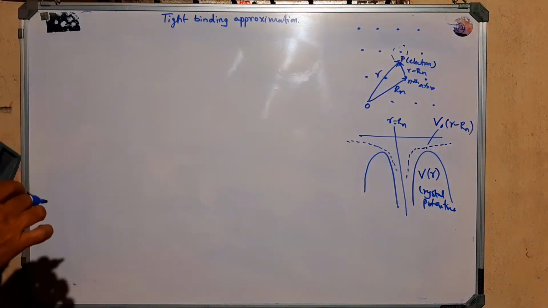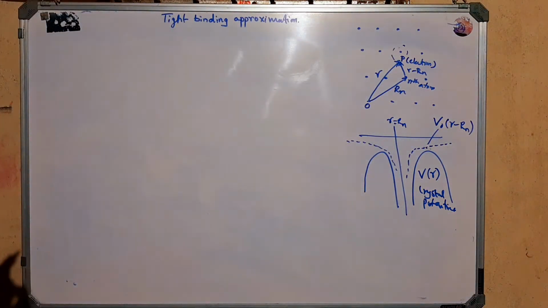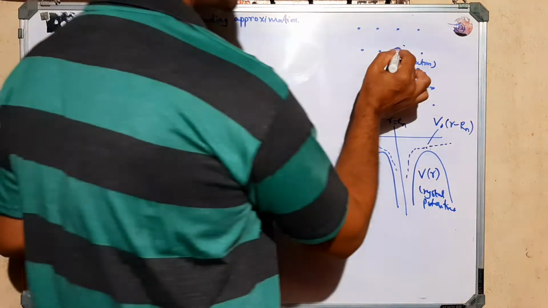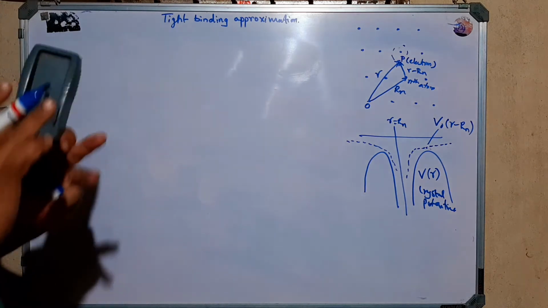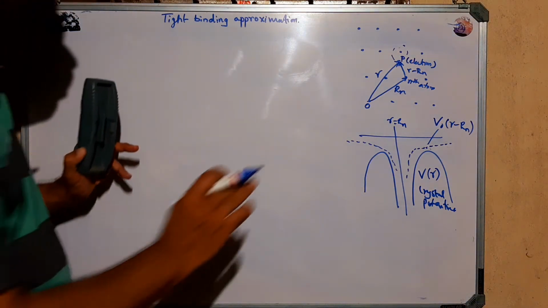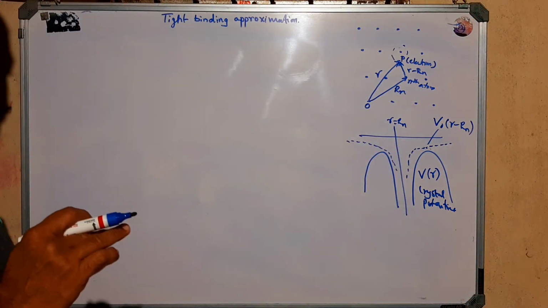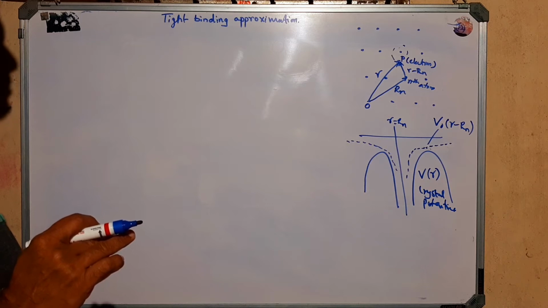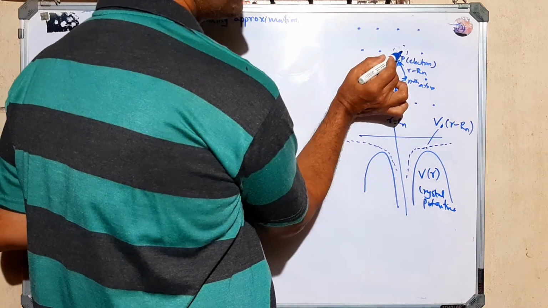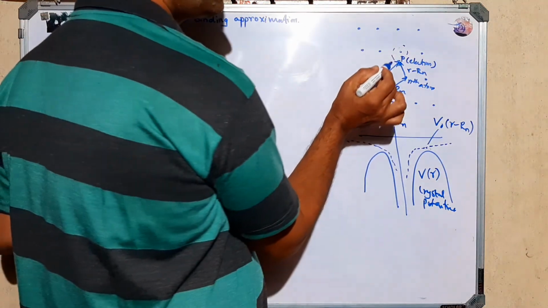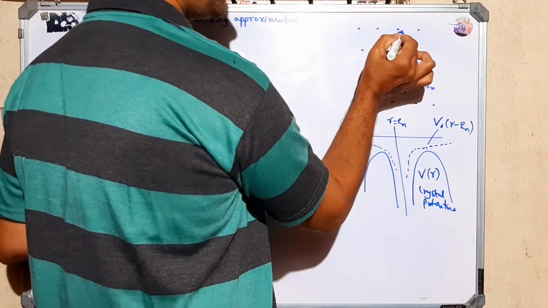So in this theory, the effect of potential on this electron is not due to all the remaining n minus 1 atoms present in the sample. This electron is affected only by the near or neighboring atoms.